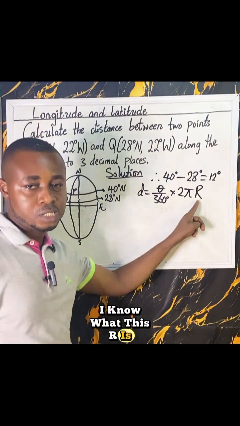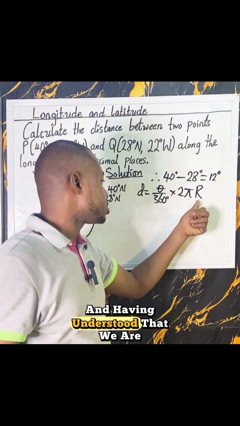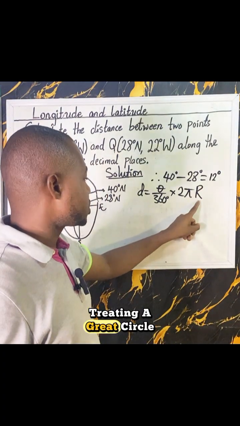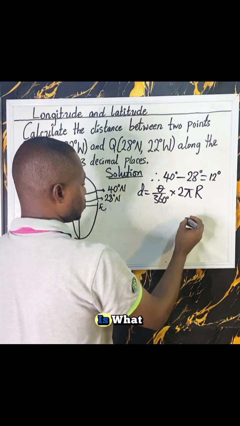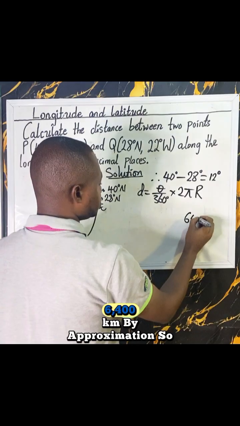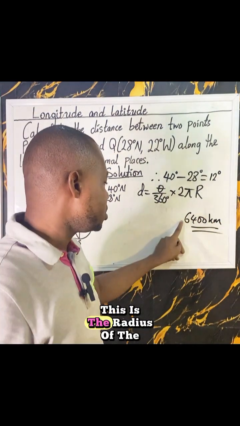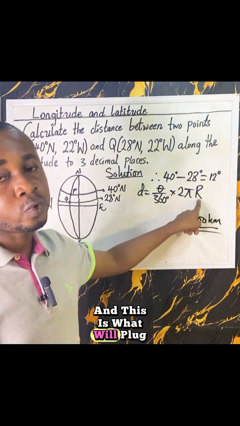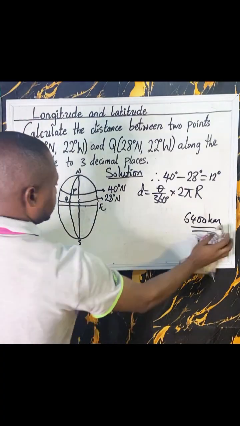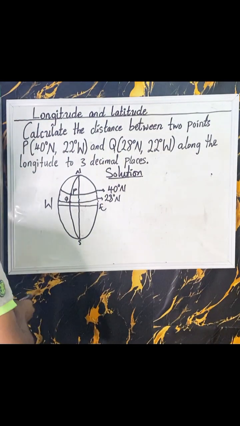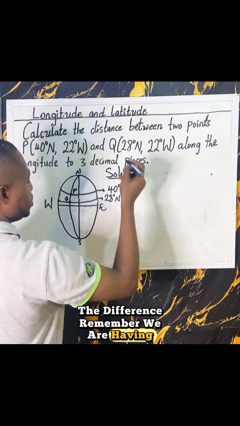I know what this R is. This is the radius of the earth. And having understood that we are treating a great circle, we will use capital letter R. And the radius of the earth is 6,400 kilometers by approximation. So this is the radius of the earth, and this is what we'll plug into the equation. The difference, remember, we are having 12.